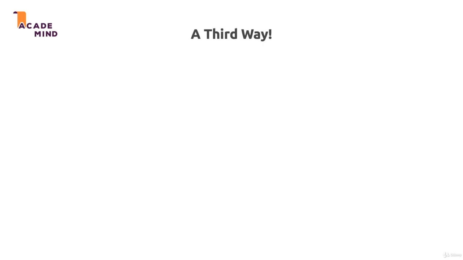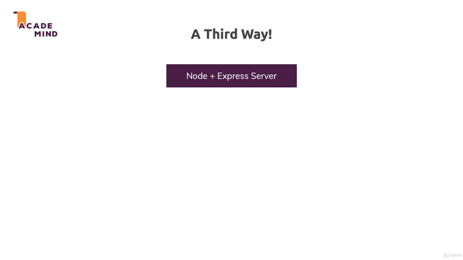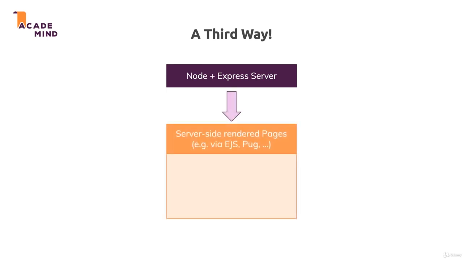Now actually, there also is a third way, which I really don't want to talk too much about though. You could have your Node Express server and not build a REST or GraphQL API there, but instead render HTML pages on the fly on that server with templating engines like EJS or Pug. If you took my Node.js The Complete Guide course, you'll learn about this approach as well.